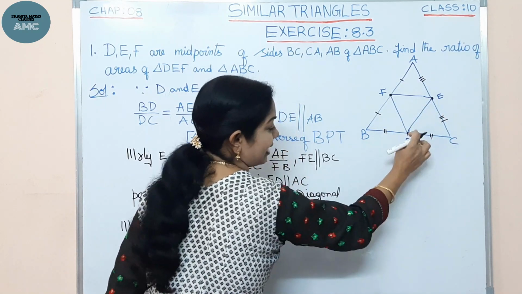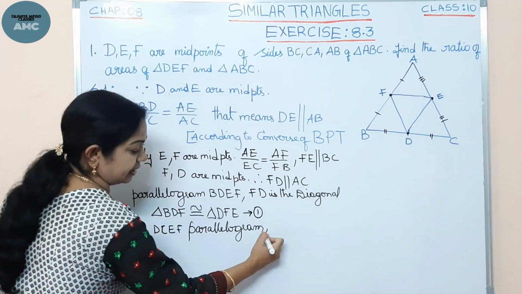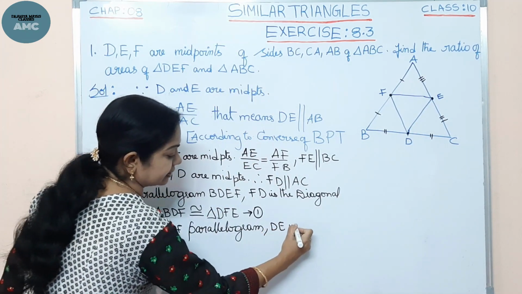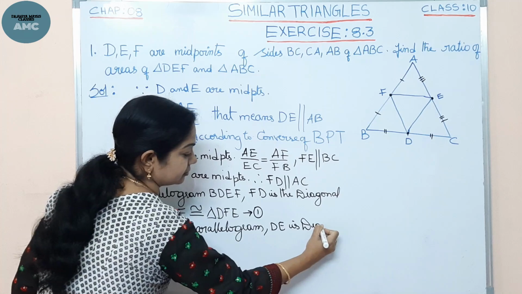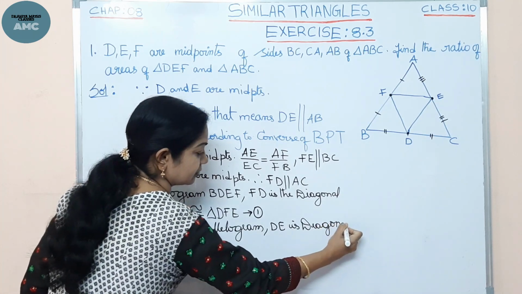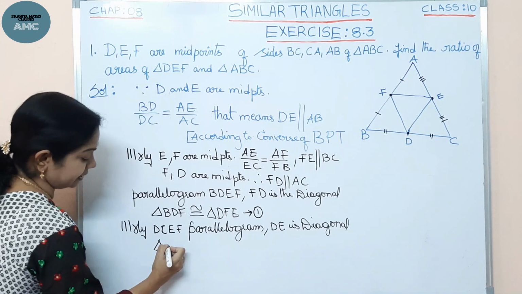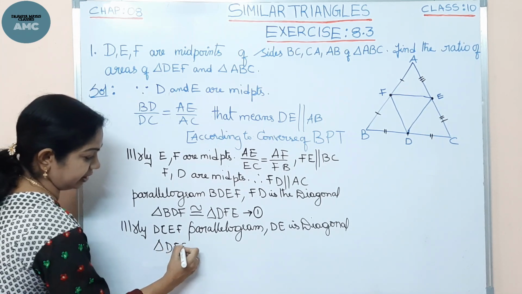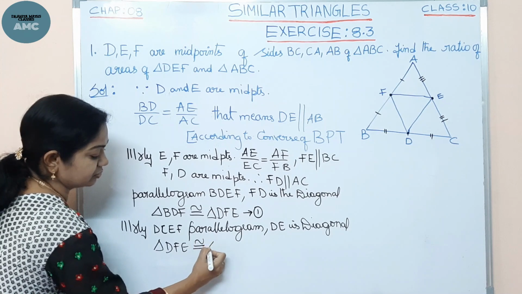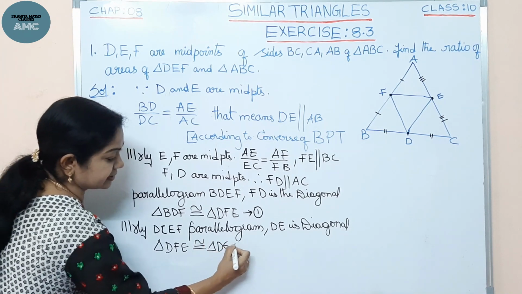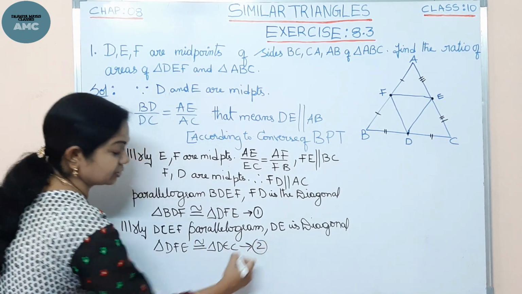So, this forms a parallelogram where DE is the diagonal. So, then what are the two triangles? Triangle DFE is congruent to the triangle DEC. So, let this be 2.